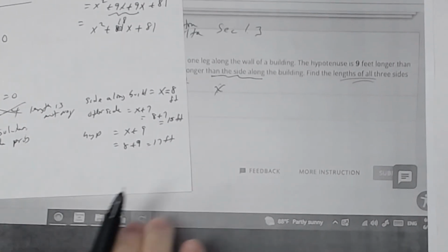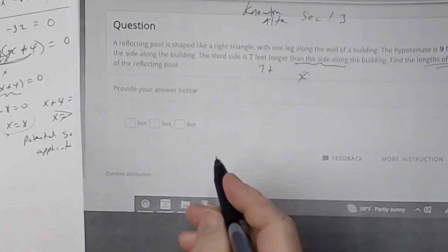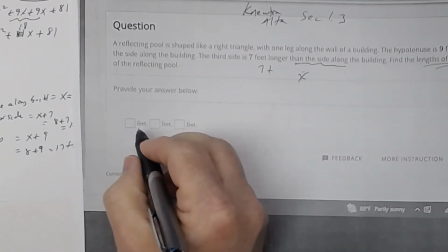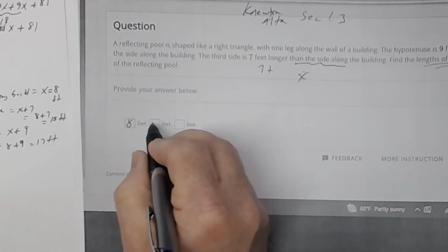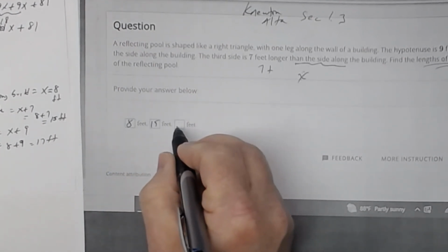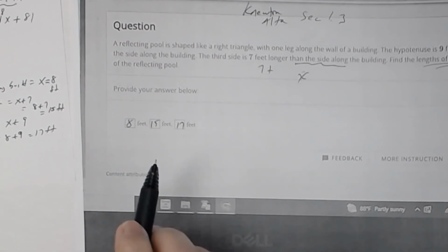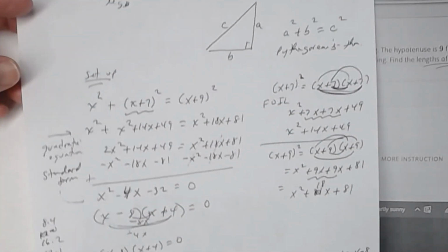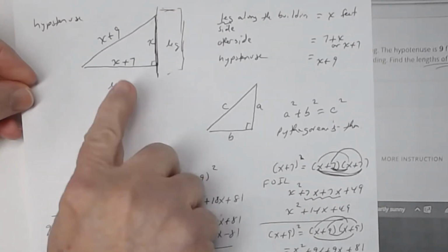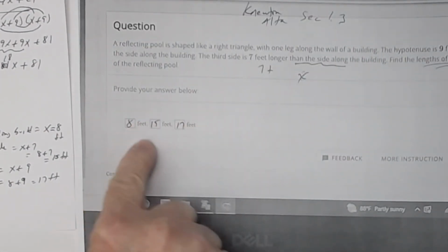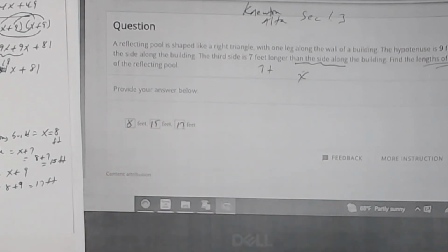In Newton Alta, you're going to come back here and say 8 feet, 15 feet, and then 17 feet. But notice all of the work that had to be done to get the lengths of the three sides.